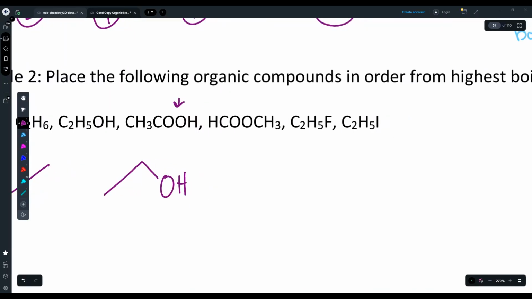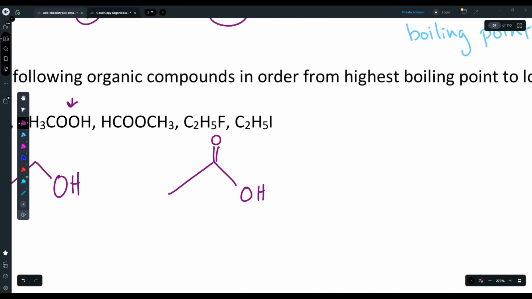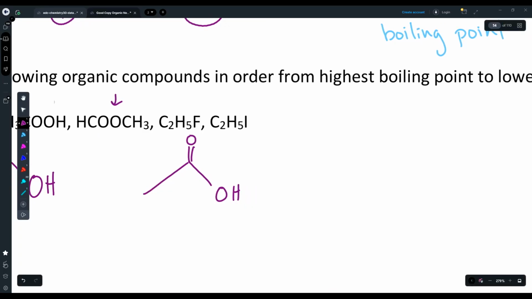This compound will look like this. This compound is going to be, there's 2 ways that you can draw it.